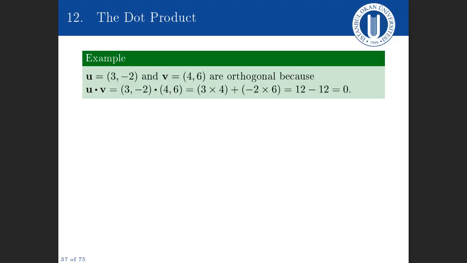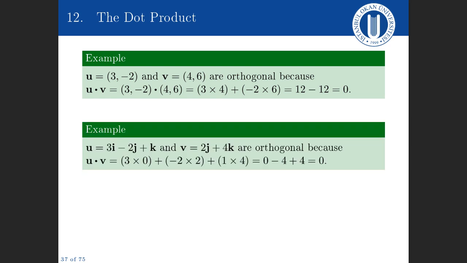For example, let u be 3, minus 2 and let v be the vector 4, 6. These two vectors are orthogonal because if we calculate their dot product, we get 0. And these two vectors, 3i minus 2j plus k and 2j plus 4k, are orthogonal because their dot product is equal to 0.